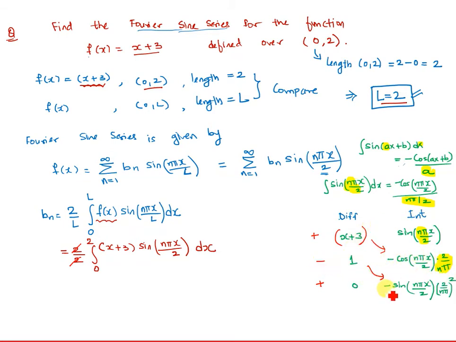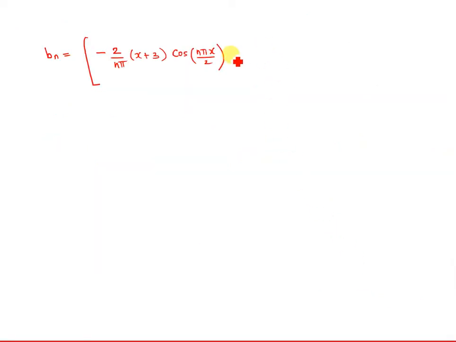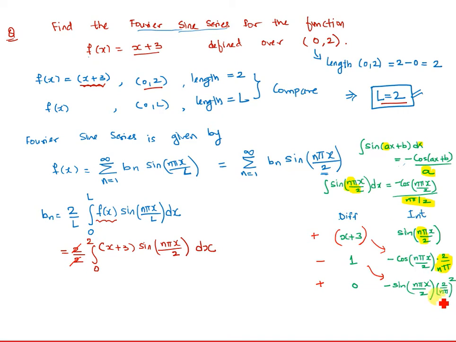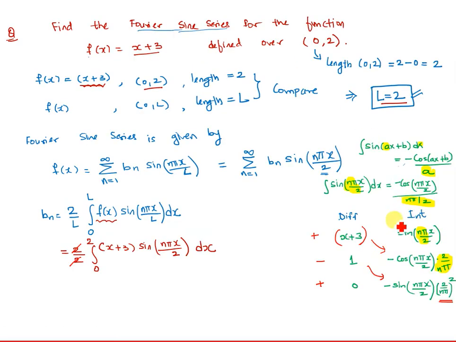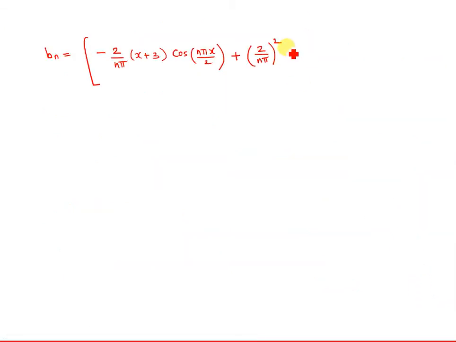Next, minus minus becomes plus. Following the same thing, bringing this term in the front, it will be 2 over n pi to the power 2. What is the term? Sine n pi x over 2.